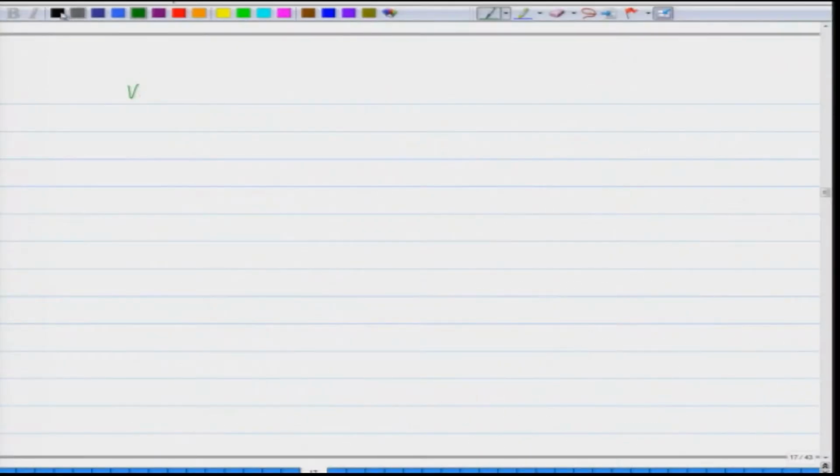Alright, so let's recall what we had done. We had started with the definition of vector space. Alright, so we had a notion of vector space. Then we went to subspace. Then we went to what is called a linear span.